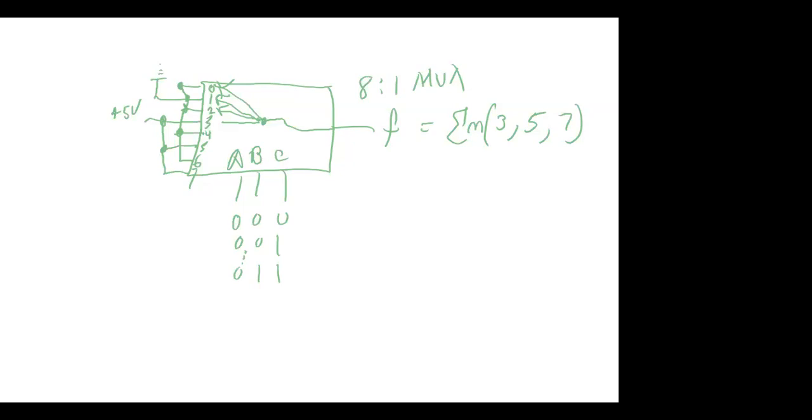Let me just look it up real quick. And that is an 8-to-1 multiplexer, so I am correct. I can remember some of these things. So the decoder was 74154. That was a 4 to 16 decoder. This is an 8-to-1 multiplexer.